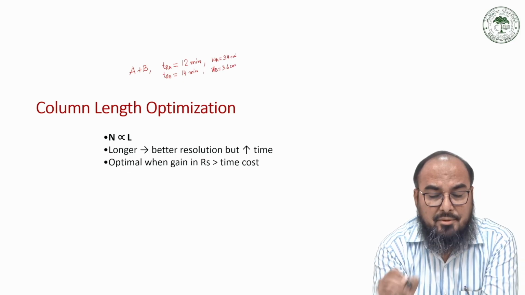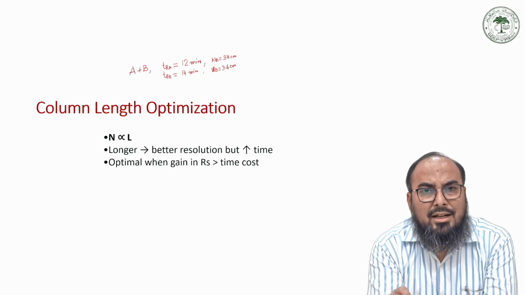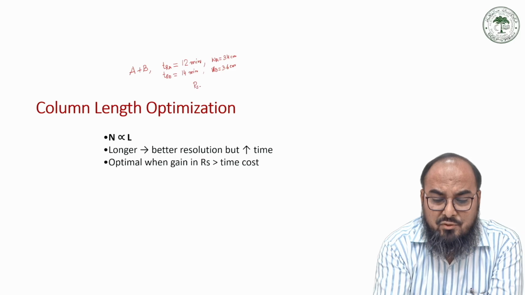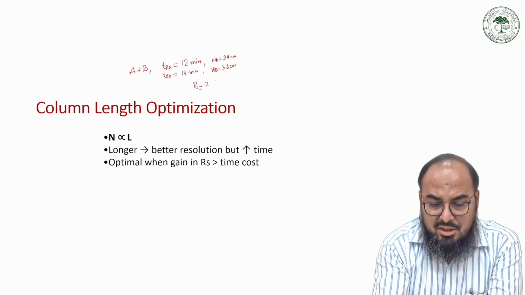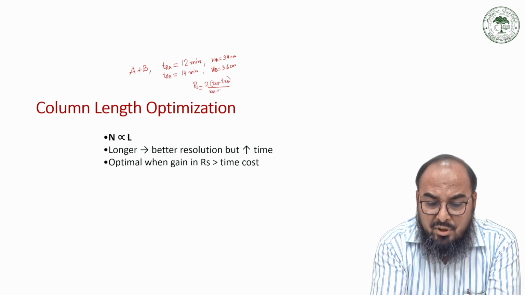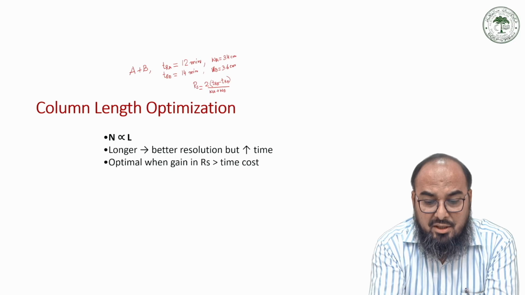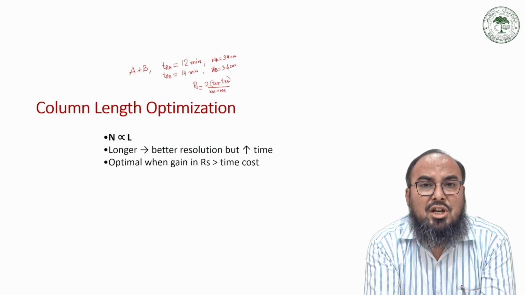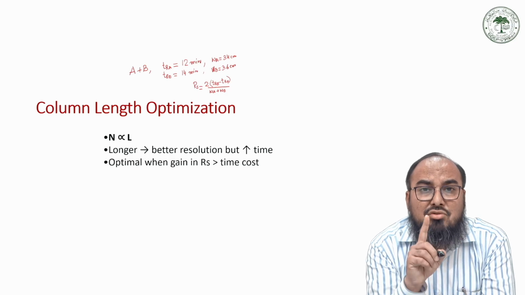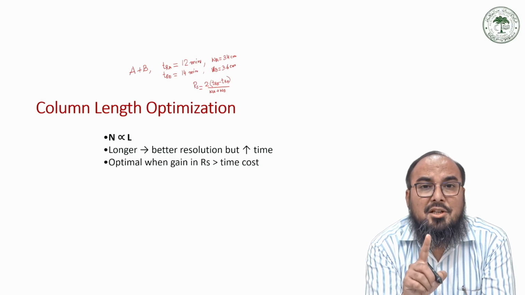Now you can calculate the resolution RS. We know that it is twice of tRB minus tRA, upon the width of peak A plus the width of peak B. Now, tRB is the component which is eluting later, the component which has a stronger interaction with your stationary phase.